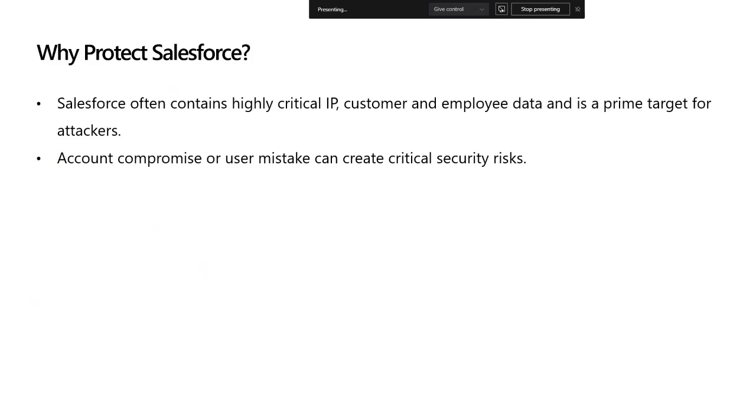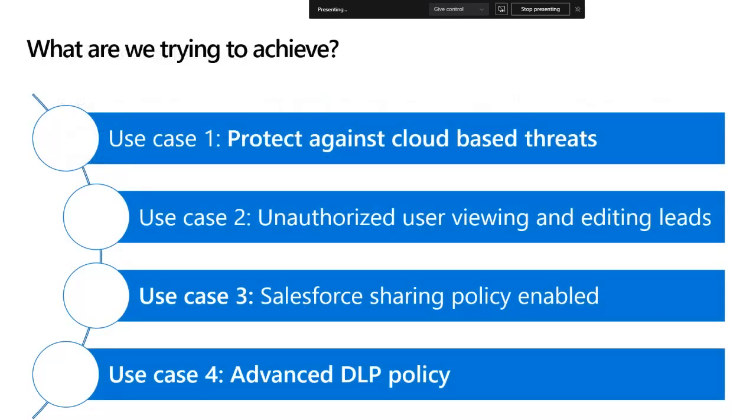regarding Salesforce. The first use case will be how you can protect against the standard cloud-based threats that MCAS supplies. It contains impossible traveler detection, protection against massive download, massive sharing, or unusual activity of a user.